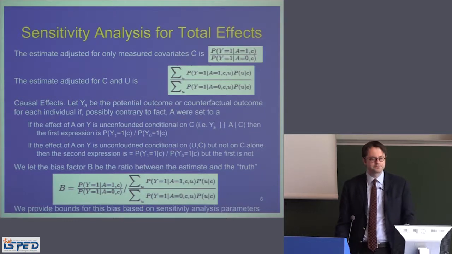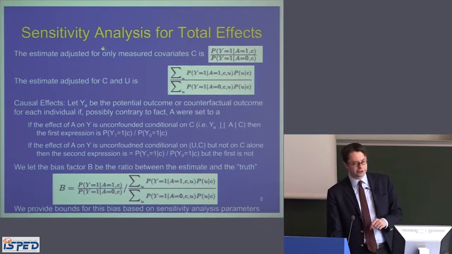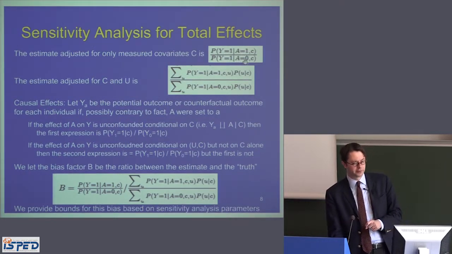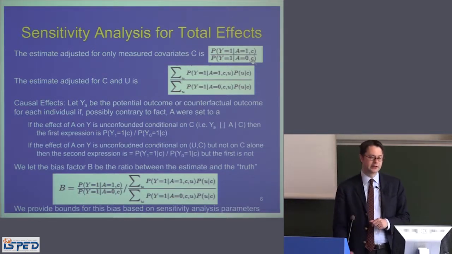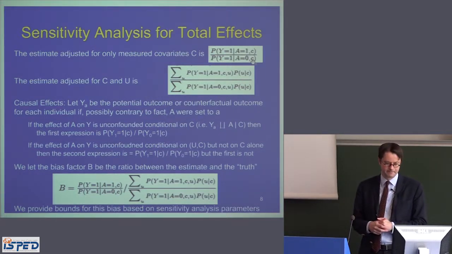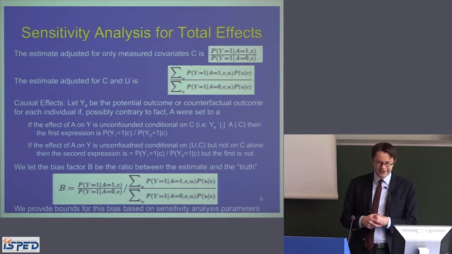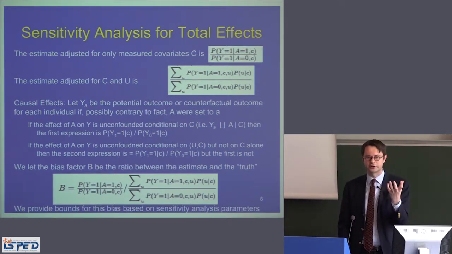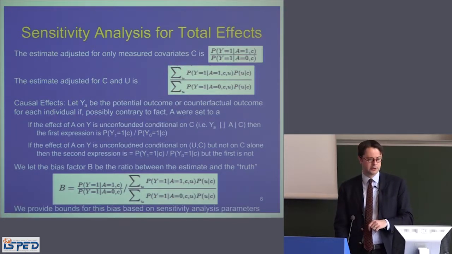More formally, we're going to denote the adjusted risk ratio for the measured covariate C relating the exposure to the outcome by this expression here: probability of the outcome amongst the exposed conditional on measured covariate C versus probability of the outcome amongst the unexposed conditional on C. If the covariates suffice to control for confounding, that would also be a causal risk ratio.